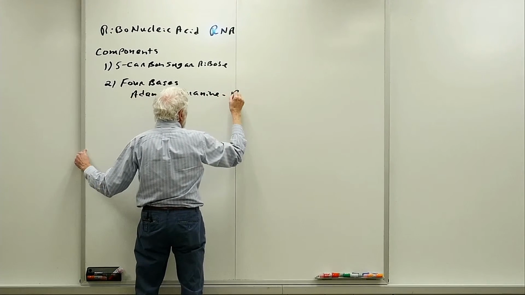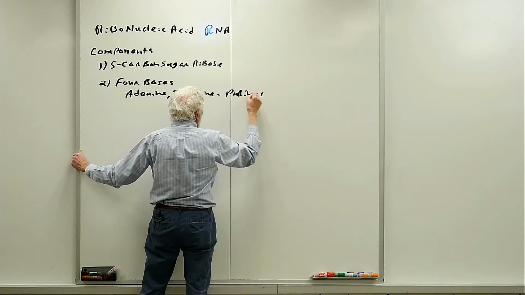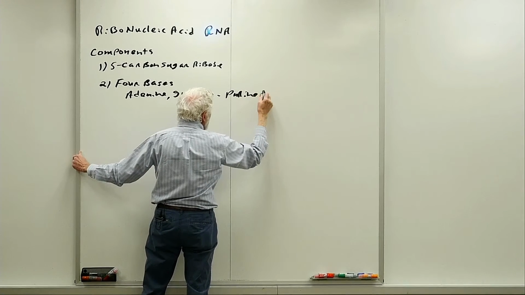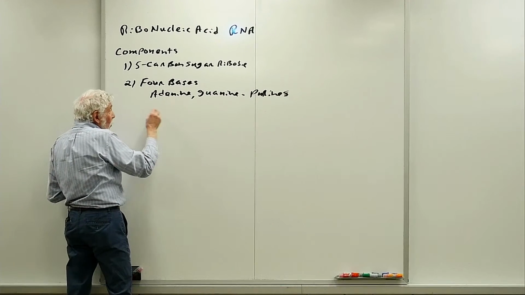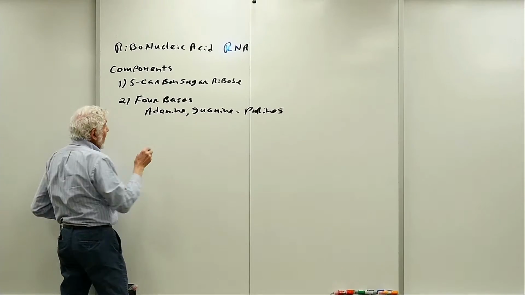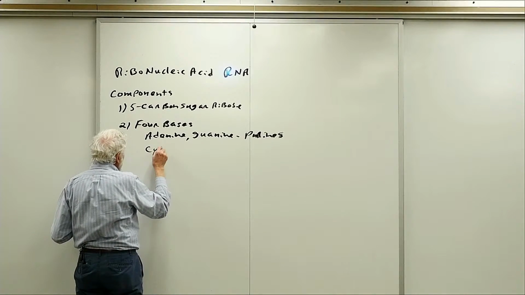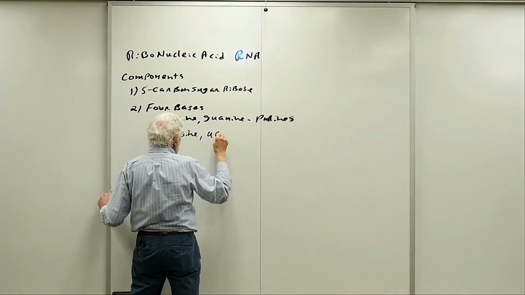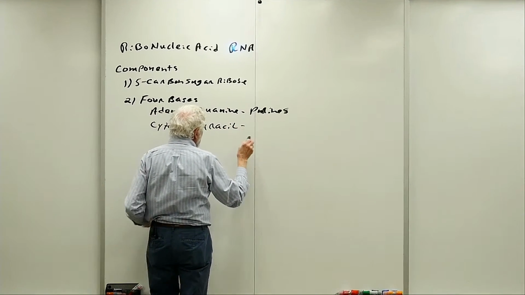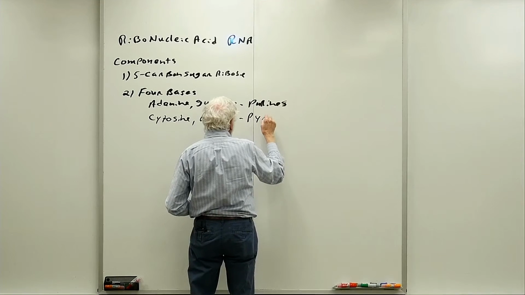These are the purines. And you'll recognize these as the same bases we had yesterday in DNA. The other 2 bases, again, will be pyrimidines: cytosine, again the same as in DNA, and uracil. And these are the pyrimidines.